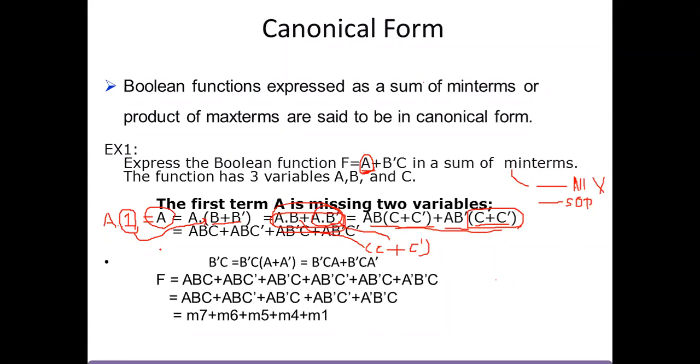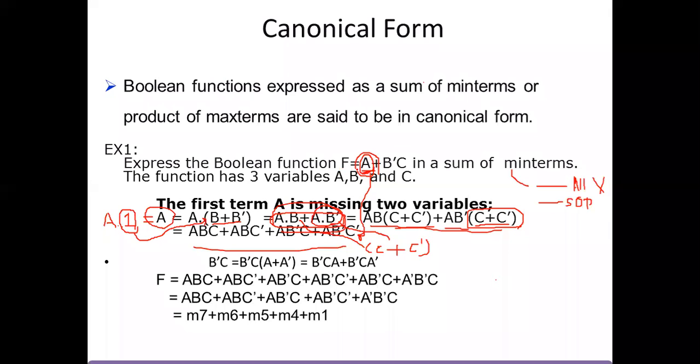Okay. So after that, when we expand, you'll get the term like this. So now we have included B and C to term A, and we have ended up with something like this. Okay. ABC, ABC dash, AB dash C, AB dash C dash. Okay.